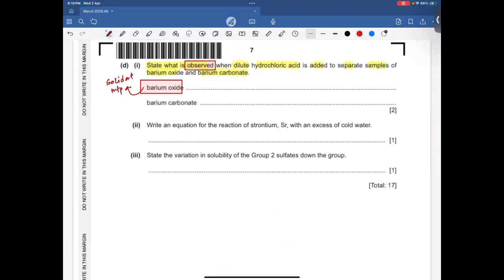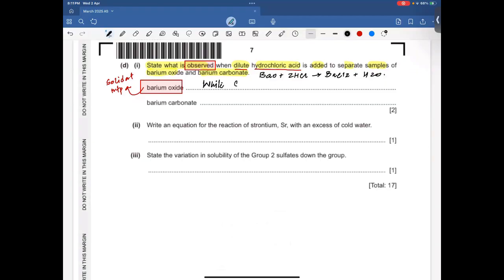So when you put dilute hydrochloric acid in it, obviously, this barium oxide, you are reacting it with hydrochloric acid. So it will turn to barium chloride, which is a soluble salt. It will be a colorless solution. Water will form, also a colorless solution. HCl is also a colorless solution. So obviously this white solid of barium oxide will disappear.